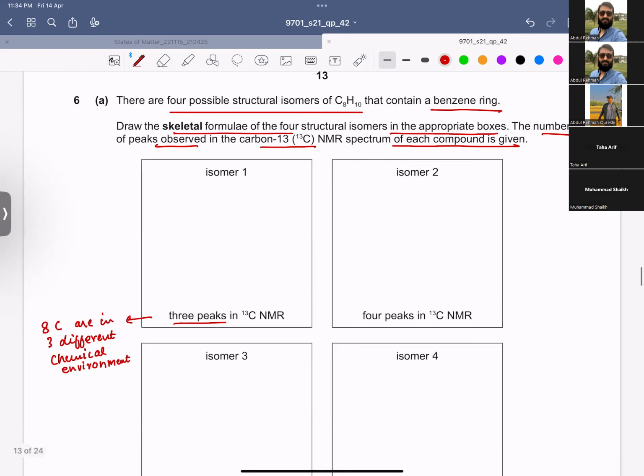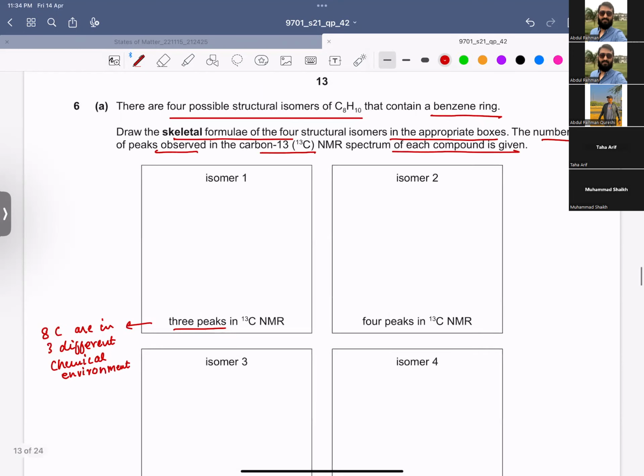So we have to draw the skeletal formula. Okay. So let's have a look. For example, they have told you that it's a benzene ring. So in the benzene ring, we have 6 carbon atoms, right? And there is a pi bonding system.